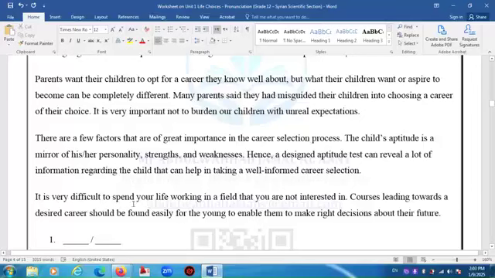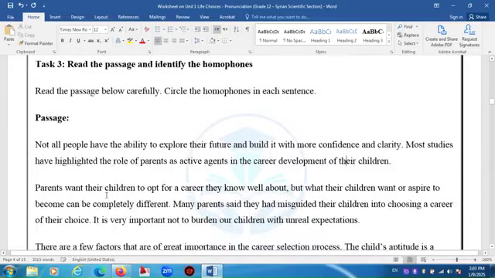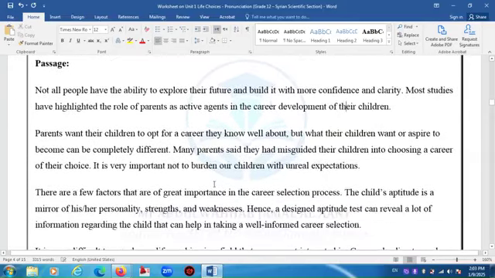It is very difficult to spend your life working in a field that you are not interested in. Courses leading towards a desired career should be found easily by the young to enable them to make right decisions about their future. I have lots of words which can be homophones, okay?